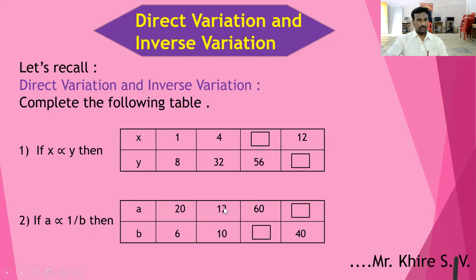If value of A is 12, then value of B is 10. If value of A is 60, then find the value of B here. Similarly, if value of B is given, it is 40, then find the value of A in this box. And complete the boxes by using appropriate numbers, correct answers. Okay.